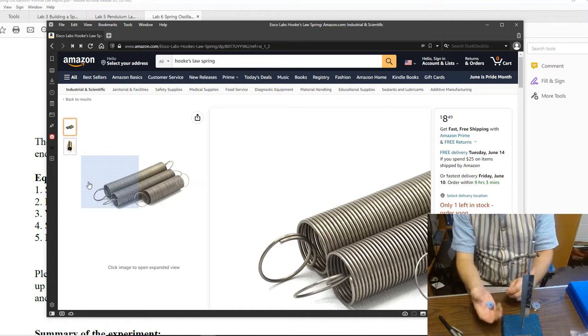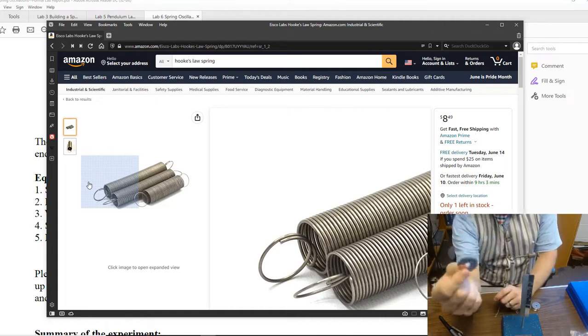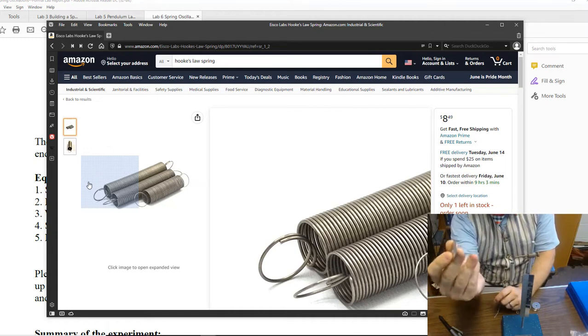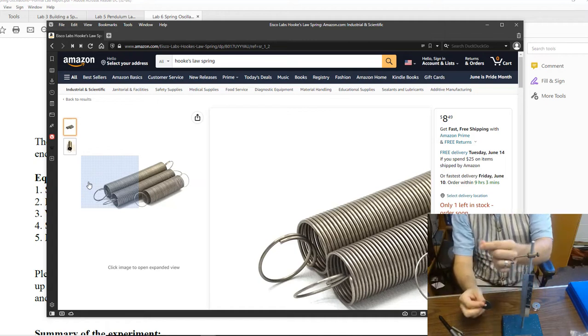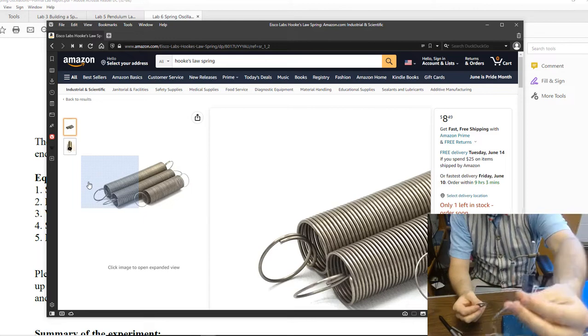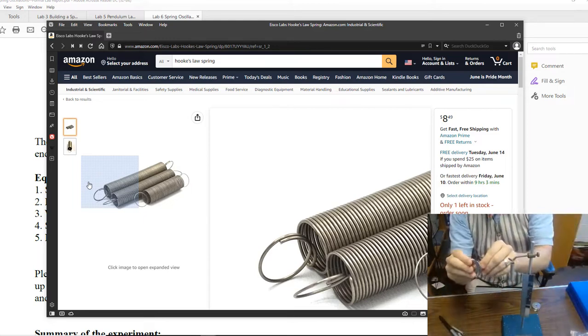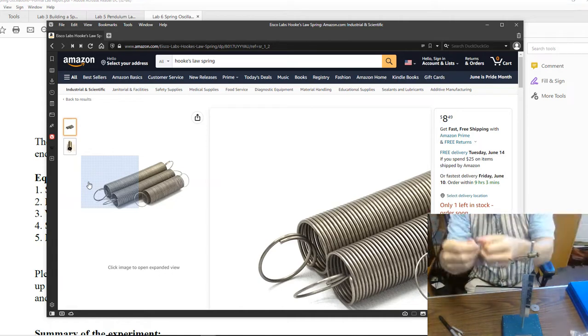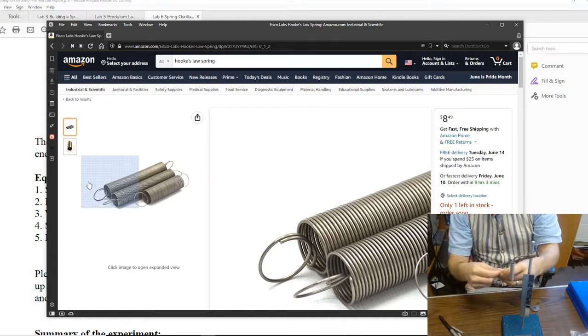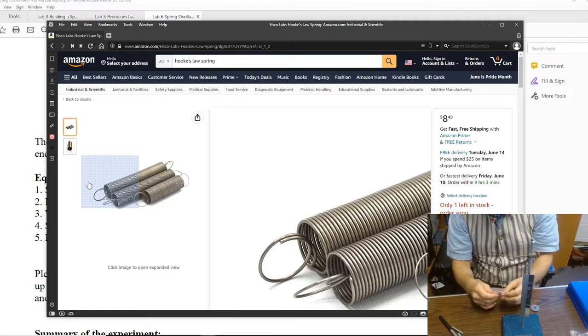All right, the other thing about these little washers is why I'm using them: they're pretty easy for me to work with. I have a little string like this and then a washer, and I can thread the string through the washer, and if I want a little more mass I can thread it through several of these washers, and now this is the weight that I'm going to be hanging from the end of the spring.